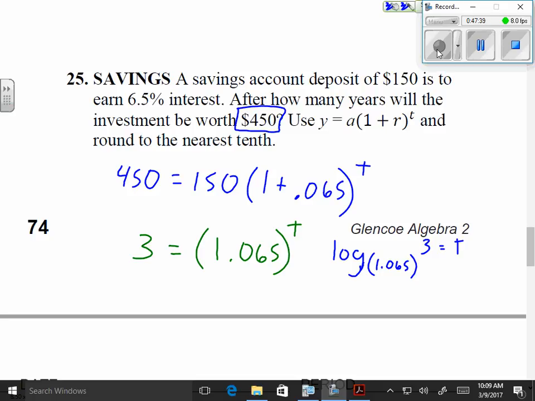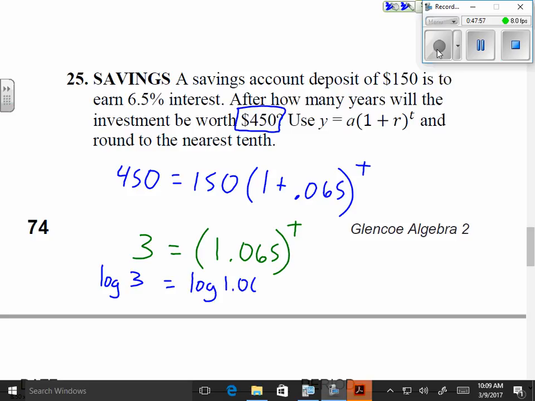We can do it that way, but let's take a different approach, since I don't want to have a base of 1.065. If I take the natural log, or the common log of both sides, so the log of 3 will be equal to log of 1.065 to the t power.